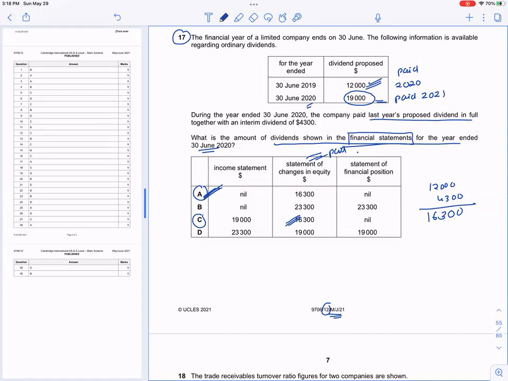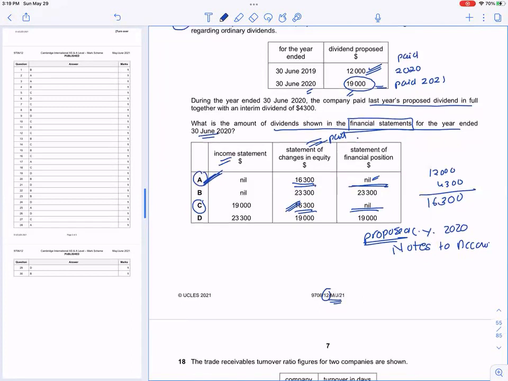And in the statement of financial position, actually the dividend that we propose does not become a liability in the current year. That means in 2020, it is just shown as a note to accounts. So in statement of financial position, nothing will come. In statement of changes in equity, 16,300 will come. And in income statement, there will be nothing.